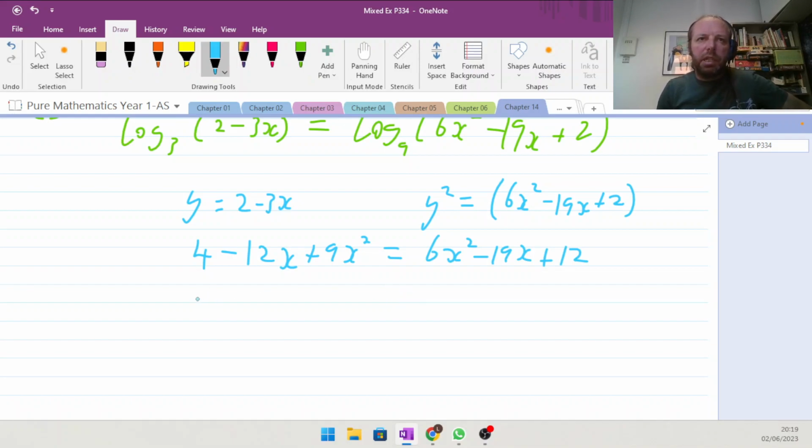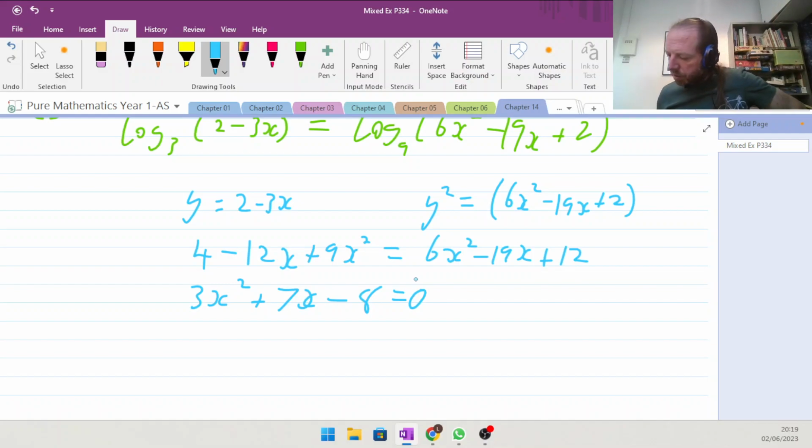Let's bring it onto this side. So we end up with 3x squared, plus 7x, and 4 minus 12 should give us minus 8. And into my favourite part on the calculator, the polynomial solver. Okay, 3, 7, minus 8.